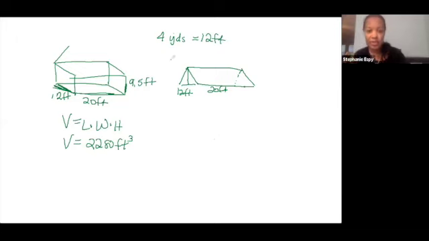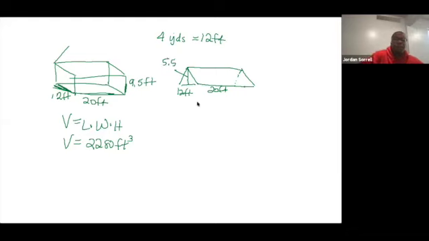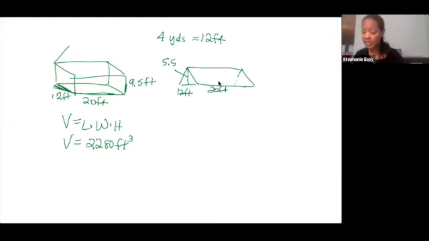Okay, so let's go back to the whiteboard. And so what did you say it was? 5.5. Okay, so now we have all our dimensions. And so the volume of this triangular prism is the same as the rectangular prism, except it's divided by 2.